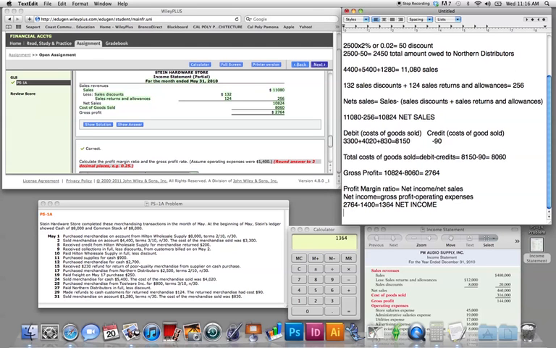So we still have to calculate our profit margin ratio, which is right here, but now we have all the information we need. We have our net income and we have our net sales over here. So now it's just a matter of putting it into the calculator.